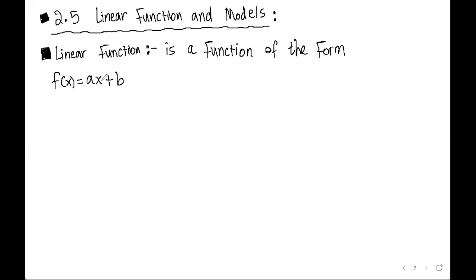x here is the variable. a is called the leading coefficient, or it's the slope. b here is the y-intercept.